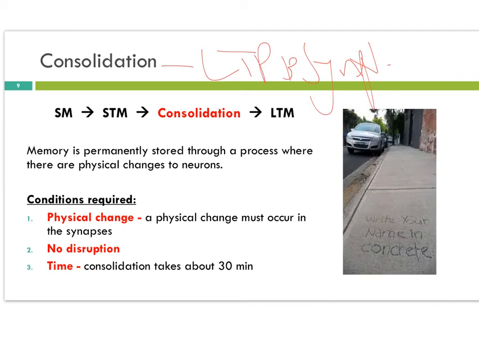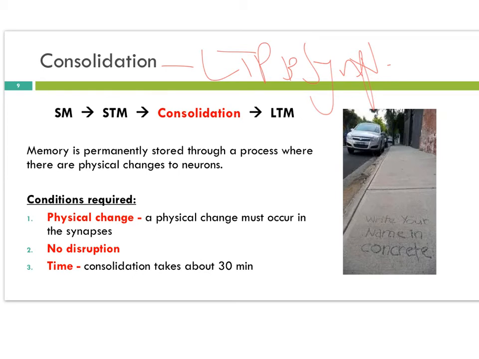Now, consolidation and the process of the setting of these neural circuits and of these synapses, it's like concrete. So, when we pour a slab of concrete, that change, that physical thing, I suppose, actually needs a period of time to set before it becomes relatively permanent.